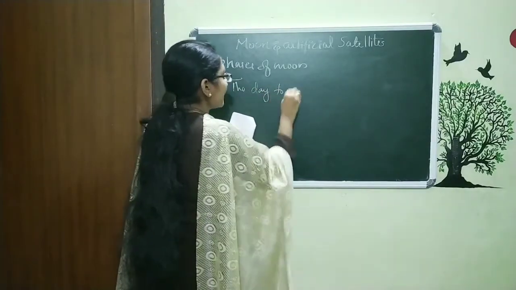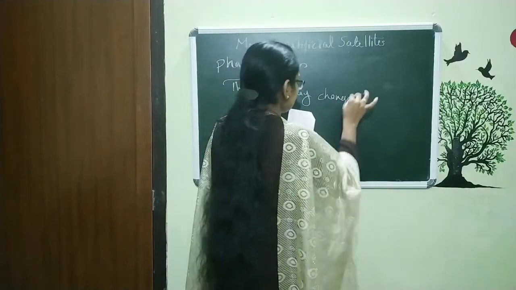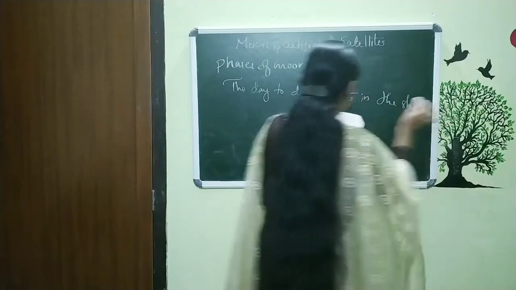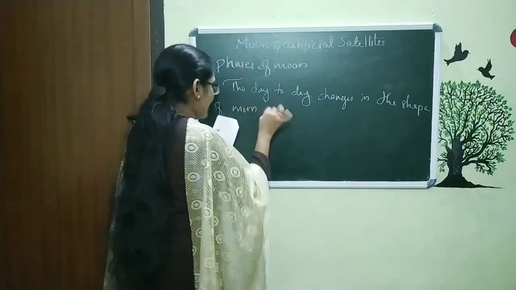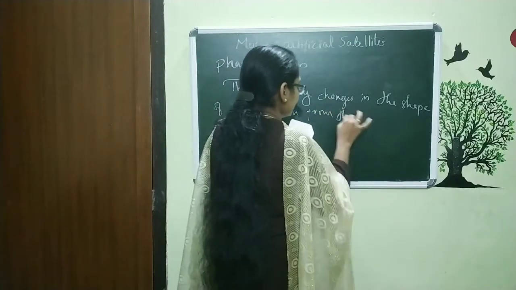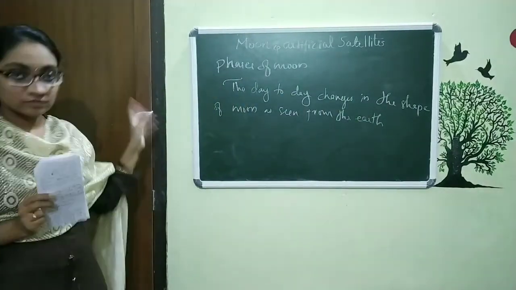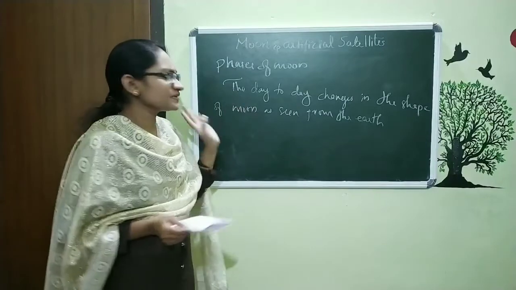The day to day changes in the shape of moon as seen from the earth is called phases of moon. So the definition is this for the phases of moon. You just want to remember this definition.